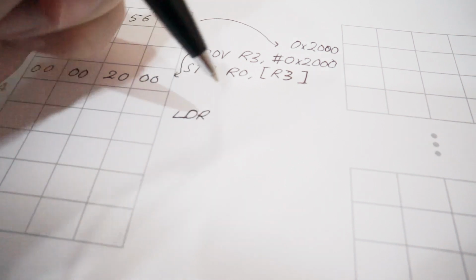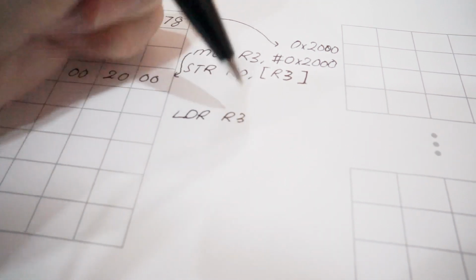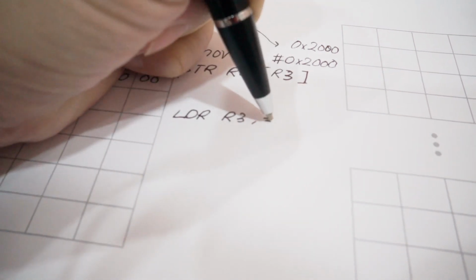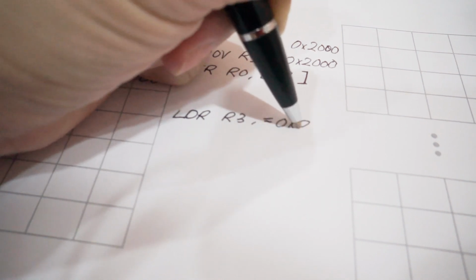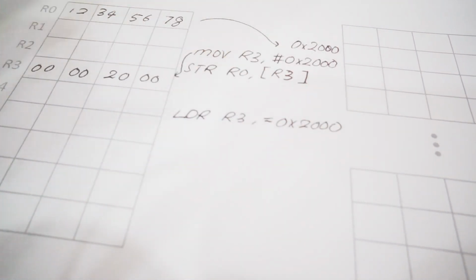Of course, we also can use the LDR instruction to initiate R3 instead of MOV. Just be careful that the LDR instruction uses the equal character instead of hash, because the source operand of load is not an immediate value like the MOV instruction.